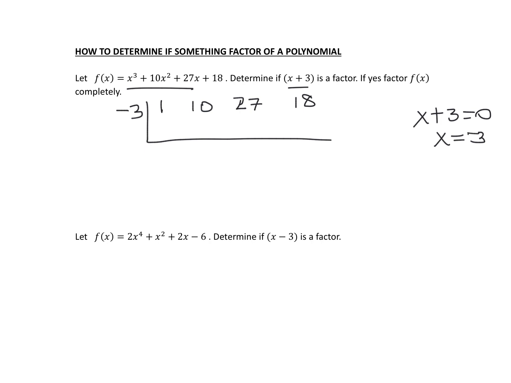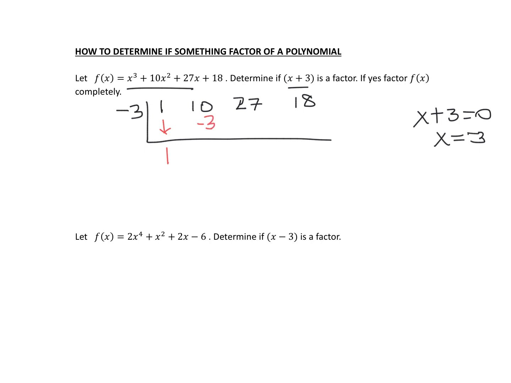Now the first step is to bring 1 down, step 1. Then I take negative 3 and multiply by 1, so I get negative 3, and write it in here.